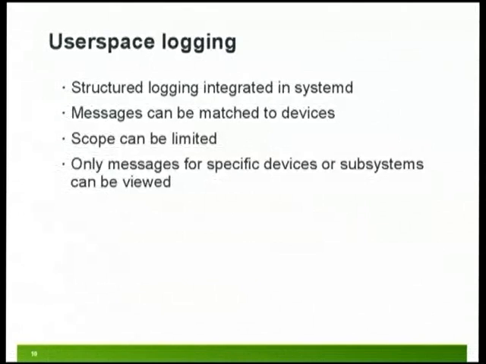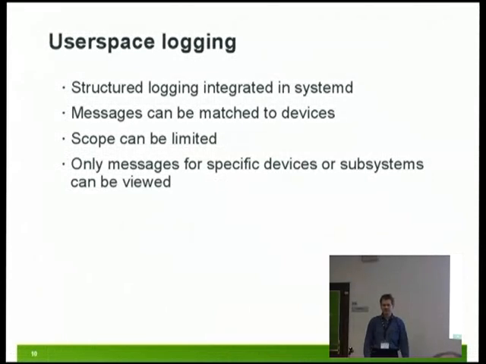Which is quite handy, because you can then have a user space logging daemon which not only allows you to log it, but also allows you to zoom into the messages for individual devices, because you now know exactly which device this message belongs to. So you can tag the message with the device and just filter out those messages for these devices, which is quite neat.